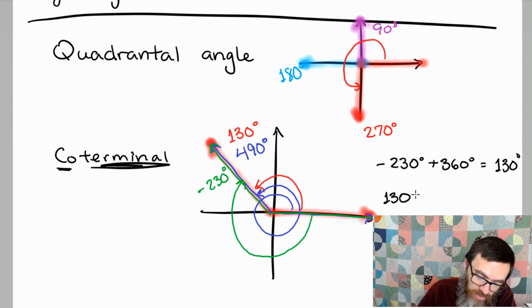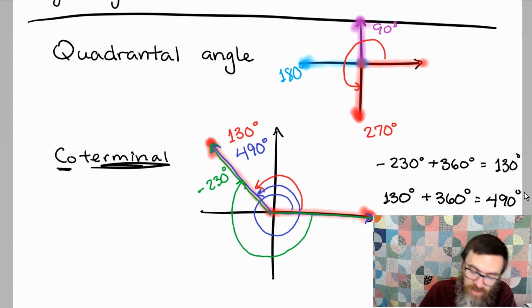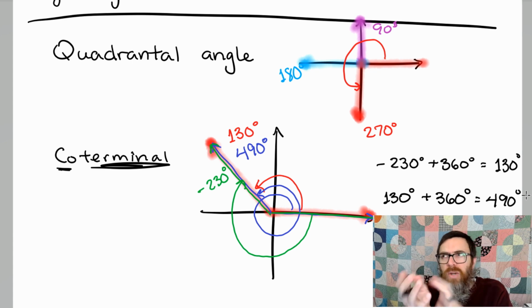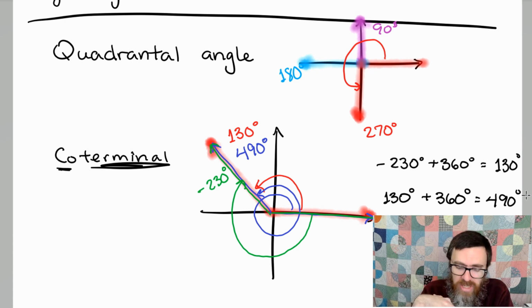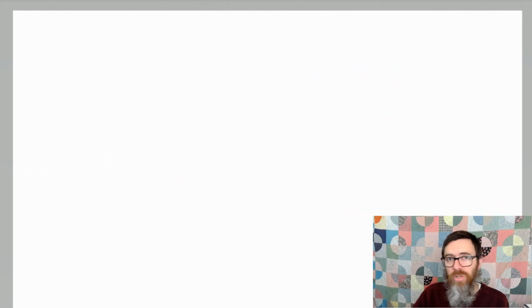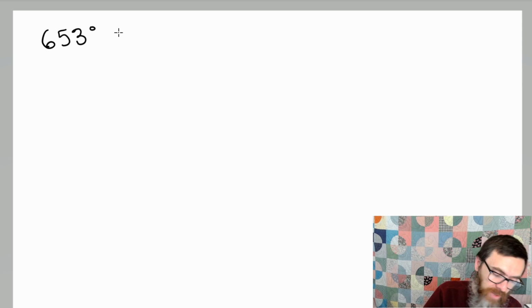And then if you take 130 degrees and add another 360, you get the 490 degrees that we have. So anytime you add or subtract 360 degrees or a multiple of 360 degrees, you get an angle measure that is coterminal. So now that we've talked about what coterminal angles are, let's do some examples where we need to find angles that are coterminal to another angle. So this example has an angle whose measure is 653 degrees.